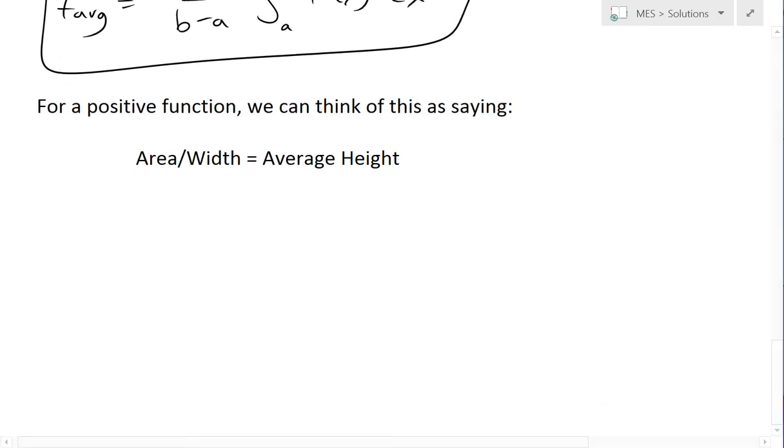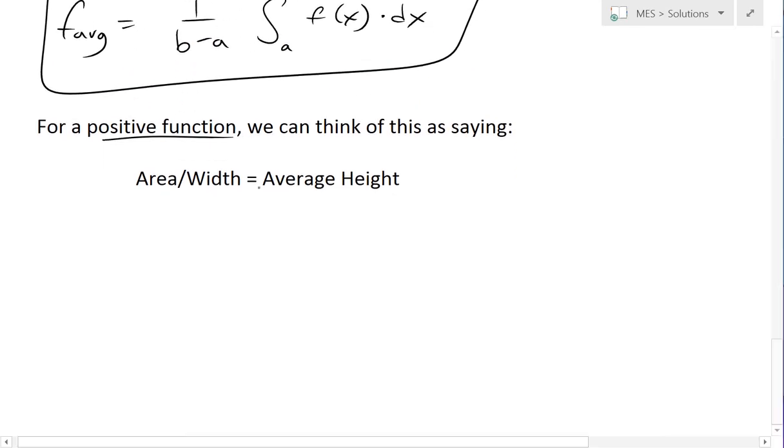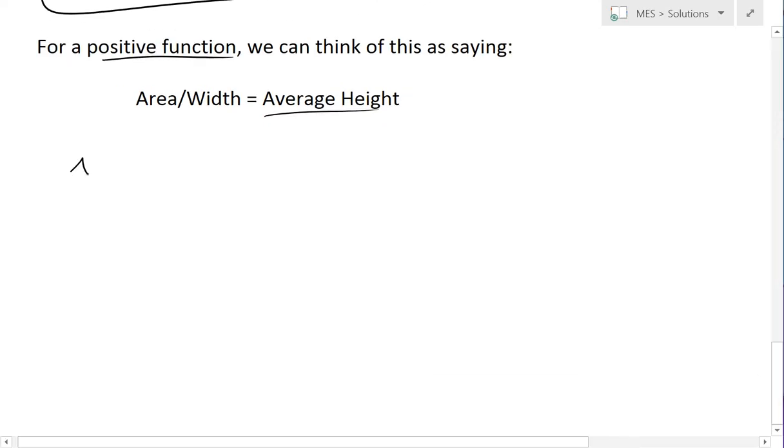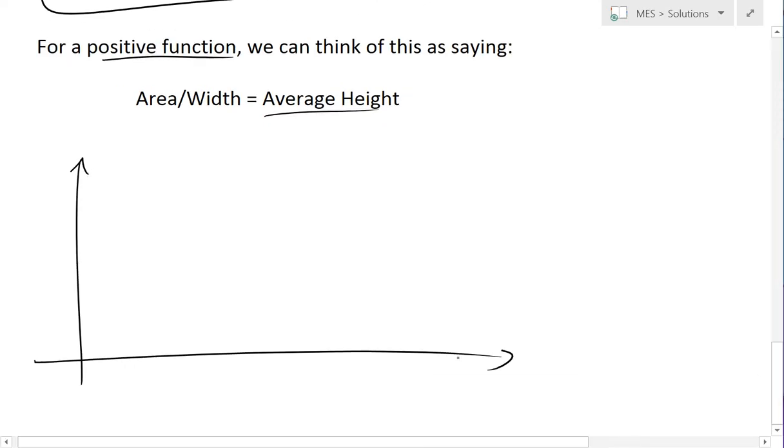And now one final note: for a positive function, we can think of this average as the total area divided by the width, which equals the average height. For example, let's just draw a positive function like that. This is y, this is x, and you're trying to find the area from a to b, so I mean the average value.